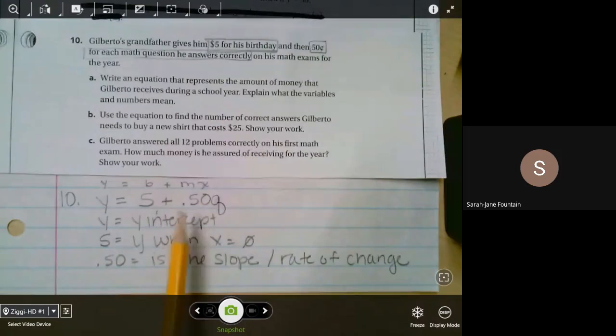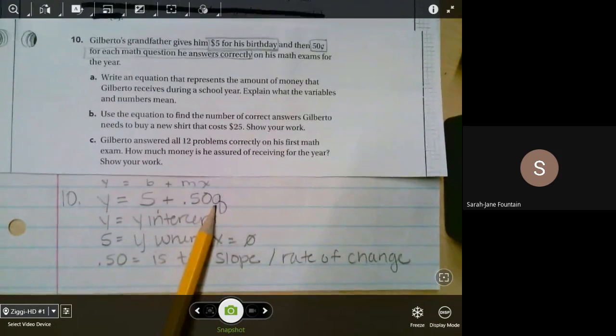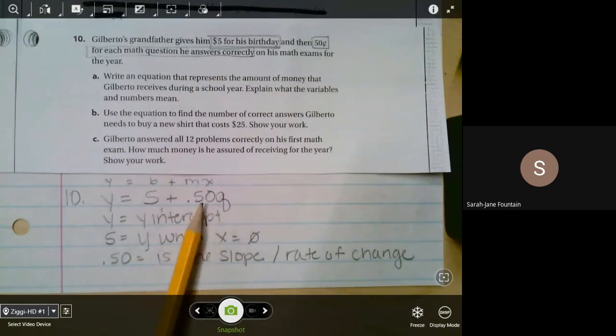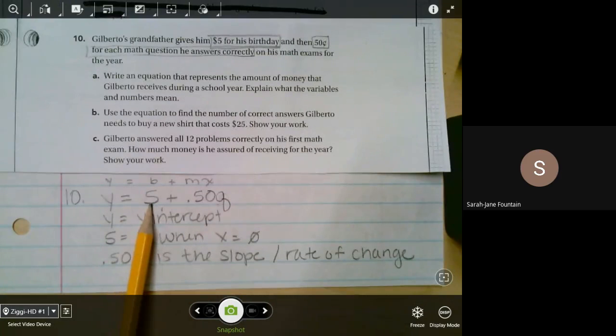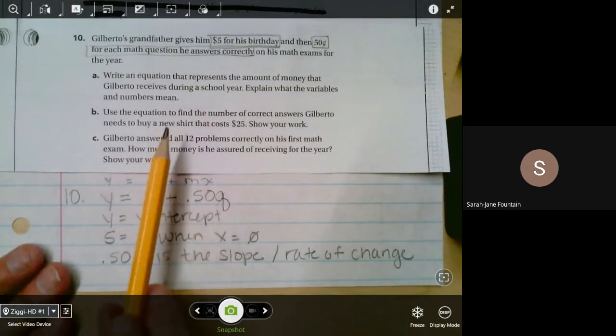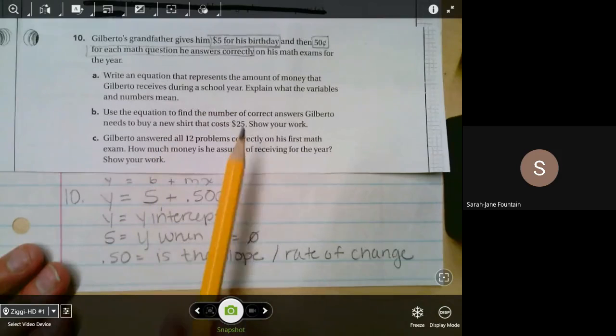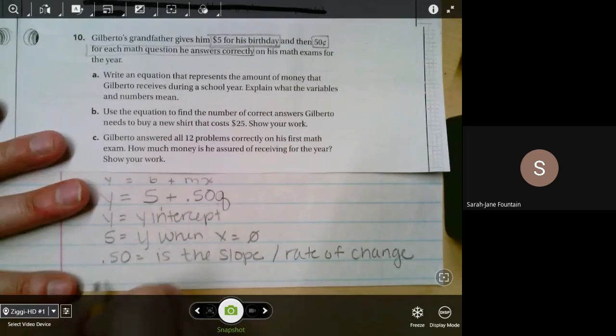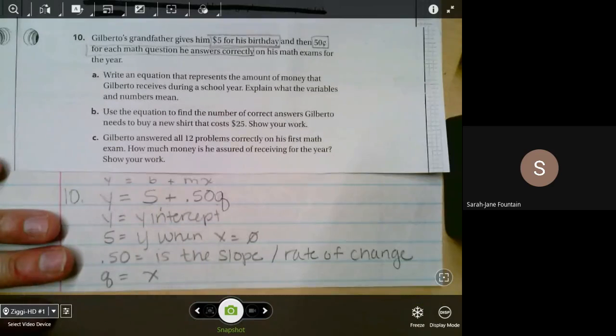Because no matter how many questions he gets right, every question is going to go up by 50 cents. $5, that's not going to change. That is a solid, straight up number. 50 cents is my slope. That's how much it's going to change. It's going to go up 50 cents as it goes over 1. And then Q is my x. And that's number 10.